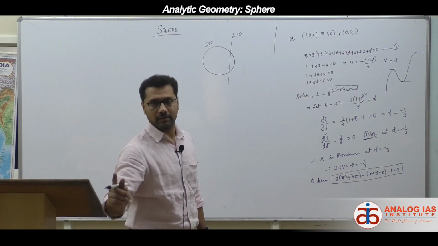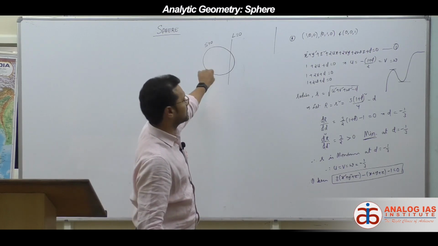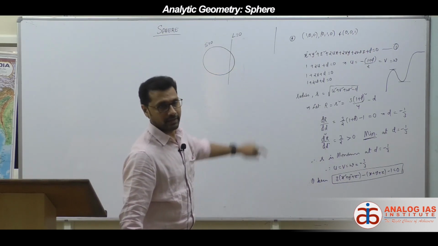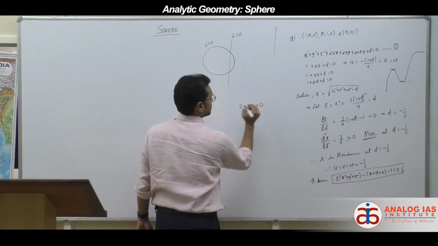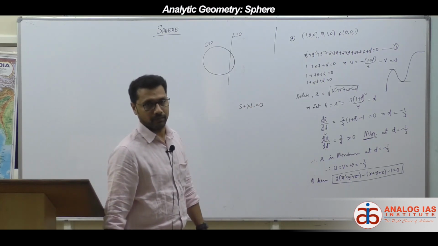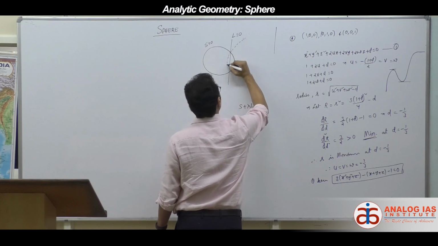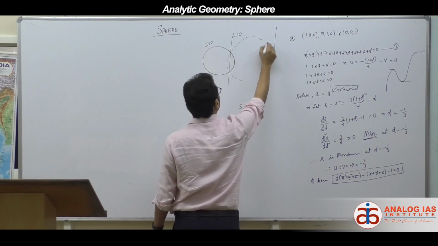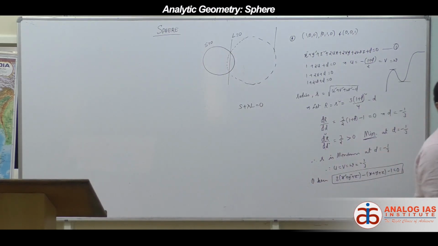Any circle passing through the points of intersection of the circle S and line L is given by S plus lambda L equal to 0, if you remember. That means any circle passing through the points of intersection is always given by S plus lambda L equal to 0.